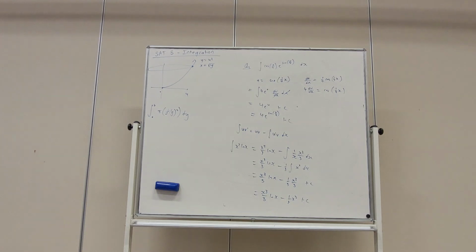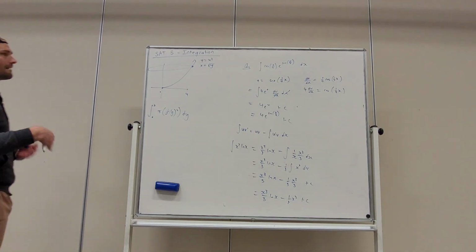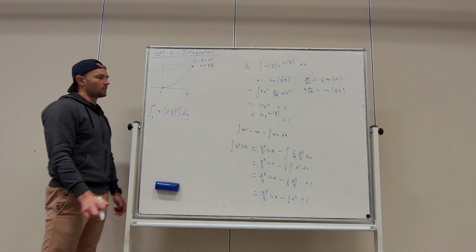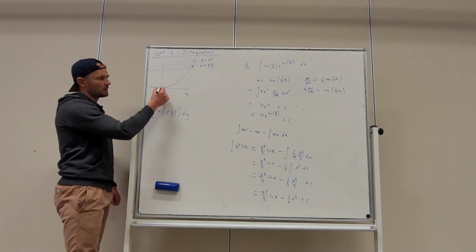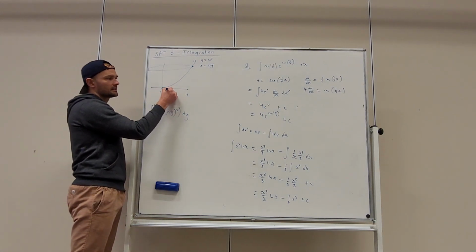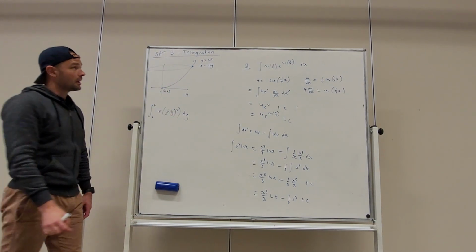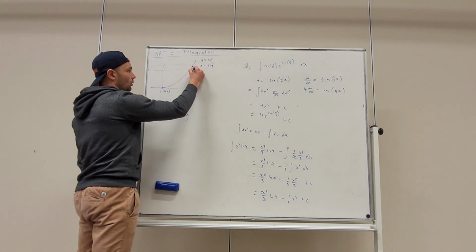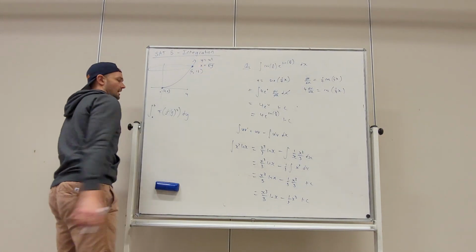And then we need the corresponding y values, because they're the values over which we're integrating. Firstly, when x is 0, the y value is 0. And when x is 4, the y value is 16.